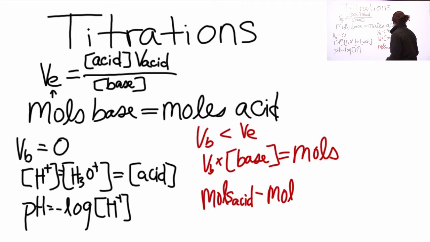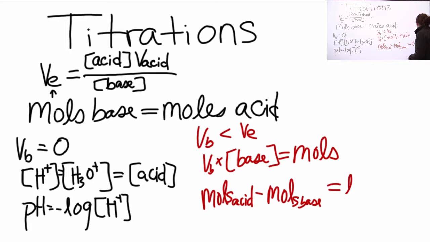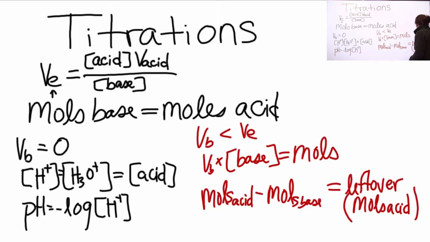So you're really determining how many moles of your acid have been reacted with the base. And then whatever hasn't reacted with the base yet is going to determine your pH. So this will get you a leftover moles of acid. So then you can turn this into a concentration of your acid that hasn't been reacted with a base yet. And then you take the negative log of this term to get your pH.